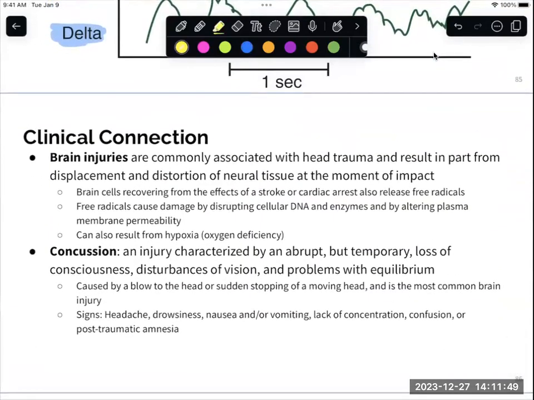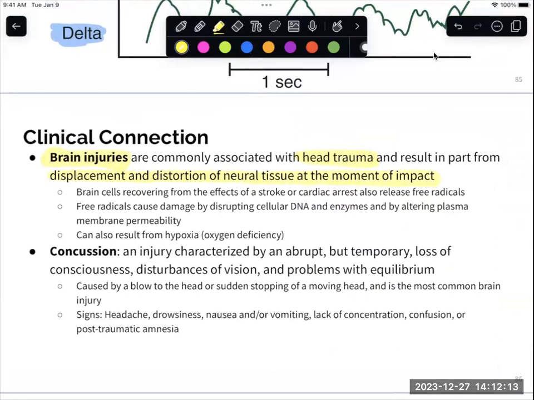Brain injuries. Brain injuries are usually because of some sort of head trauma, because of displacement and distortion of neural tissue at that specific moment of impact.